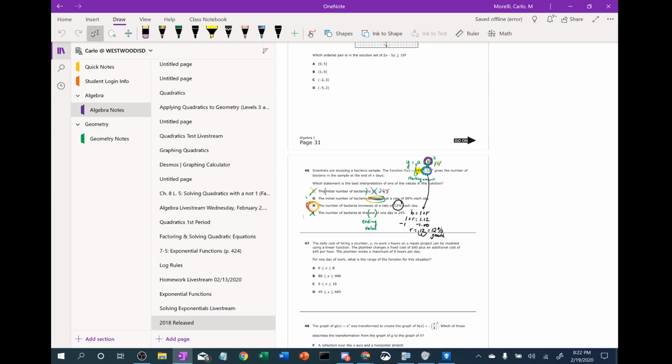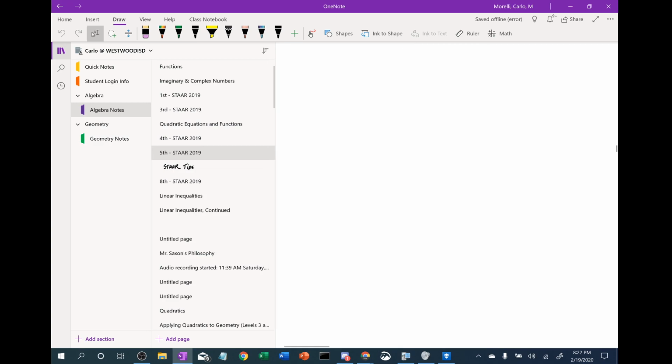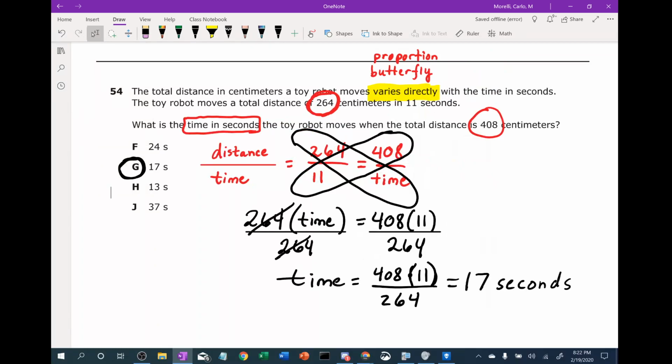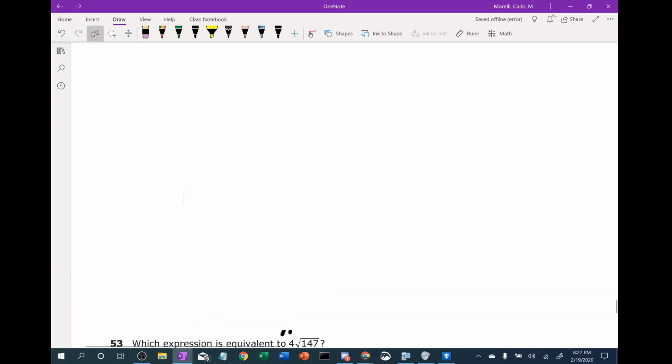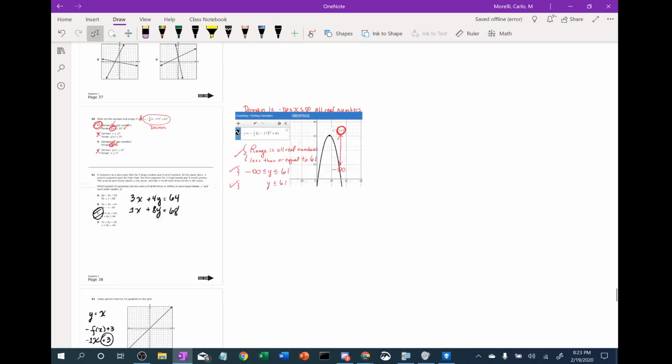We're going to the 2019 test now. And we're going to do number 9 and then number 12. You still there, Rodnisha? Oh, man. Number 9 and number 12.